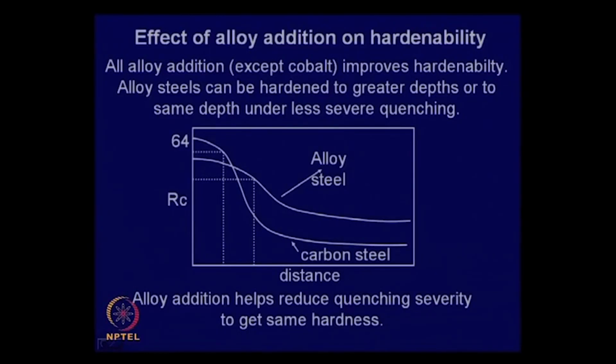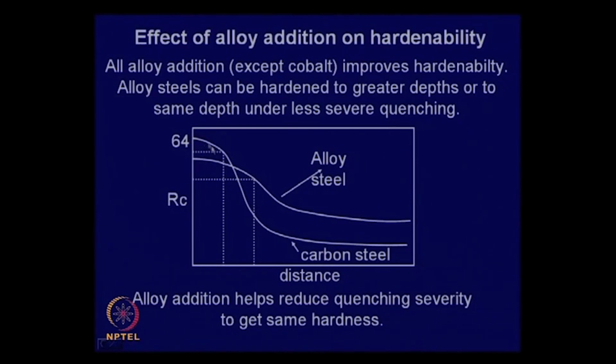Now, regarding the effect of alloy addition on hardenability, as mentioned, with the exception of cobalt, all alloy elements improve hardenability. But hardness depends primarily on carbon content, which is shown in this plot. Suppose this is a carbon steel which has relatively low hardenability.